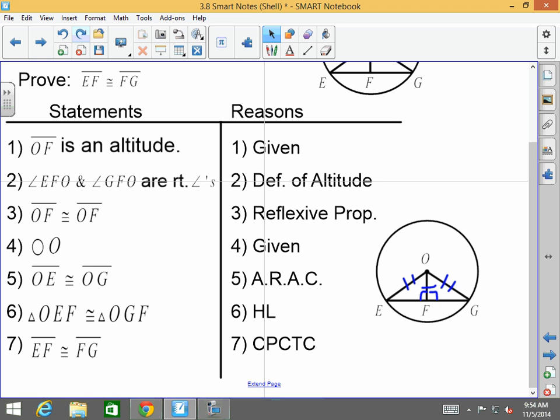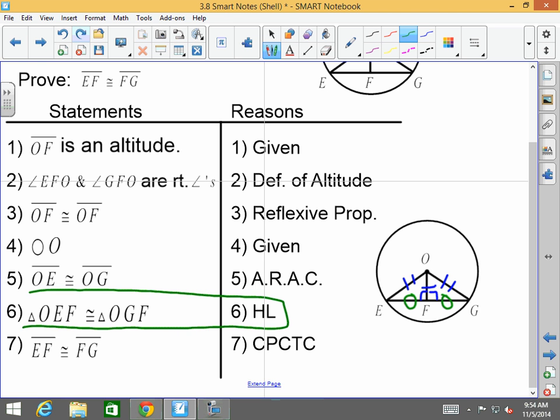You have angle side side, and that does not exist. There is no way to prove that EF is congruent to FG until you prove by HL that triangle OEF is congruent to triangle OGF.